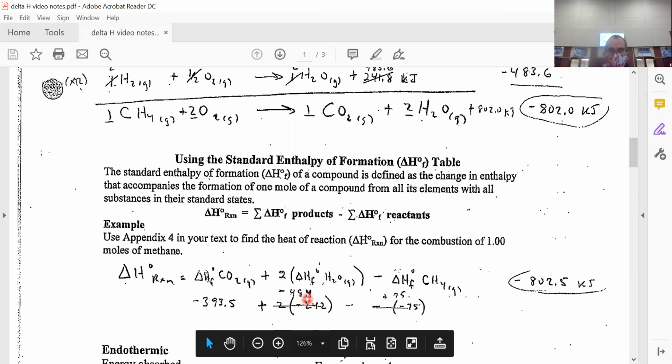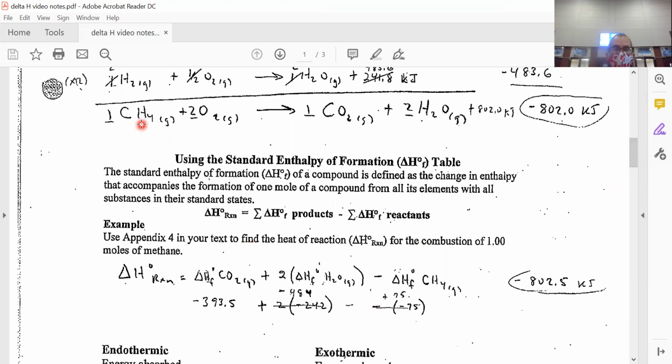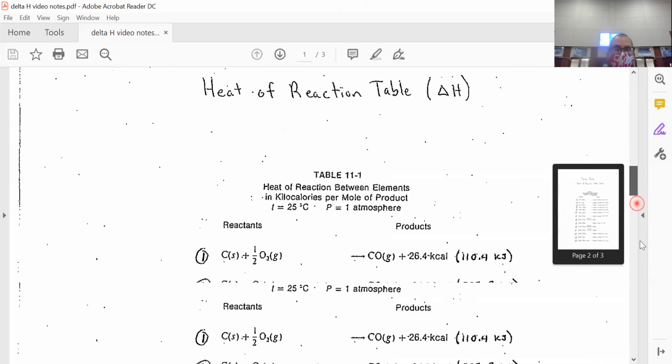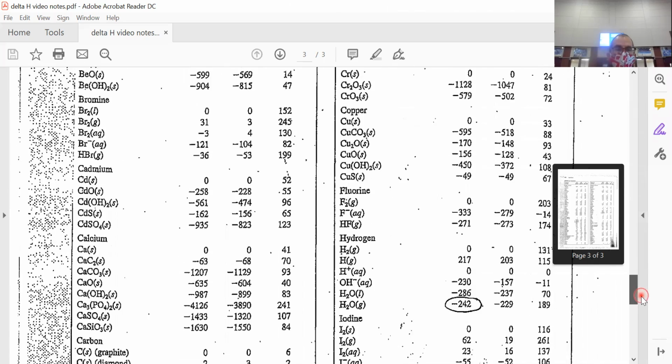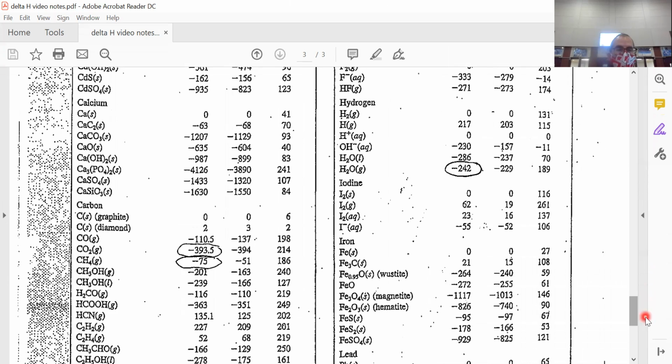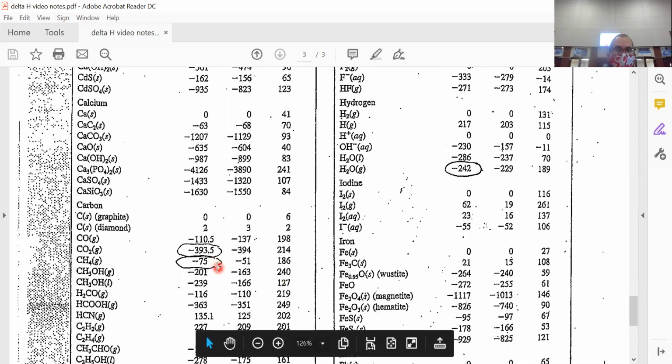The last one, the reactants, I subtract. So I'm going to subtract the one for the CH4, and let's go and find CH4. And CH4 is right here, and that is negative 75.